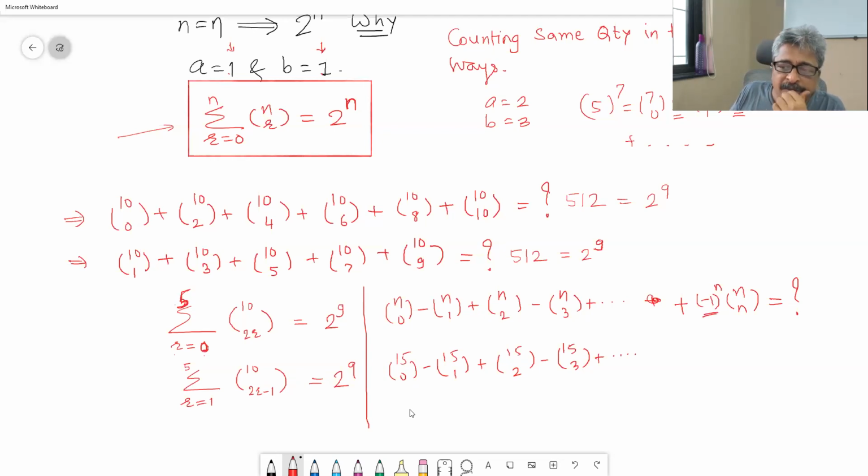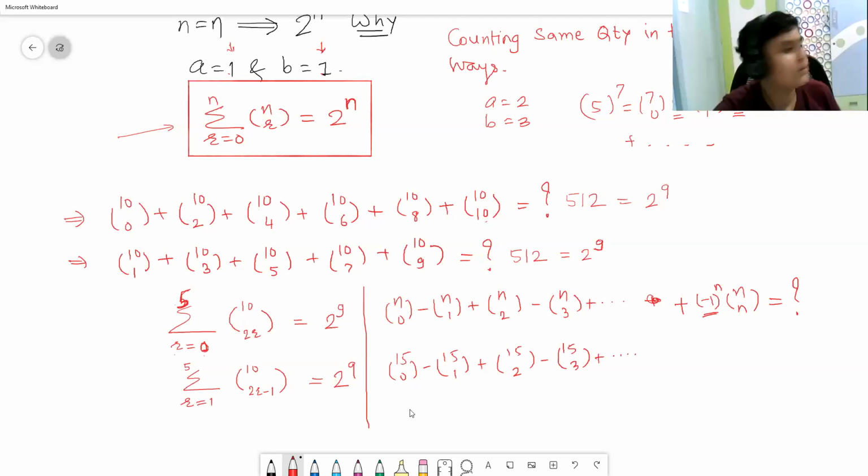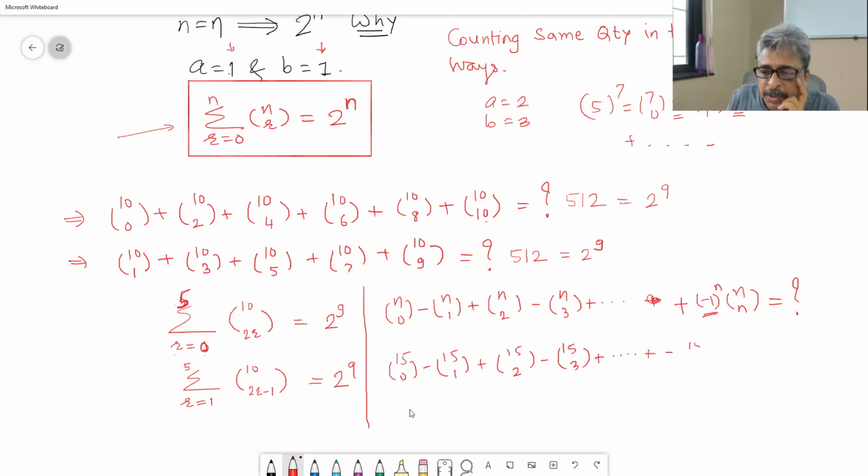If n is even, then the last term is positive. If n is odd, then the last term will be negative. So if n is 15, last term will be minus 15 choose 15 is equal to how much? Can we find out?